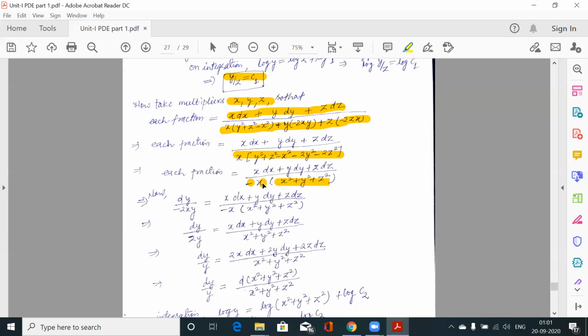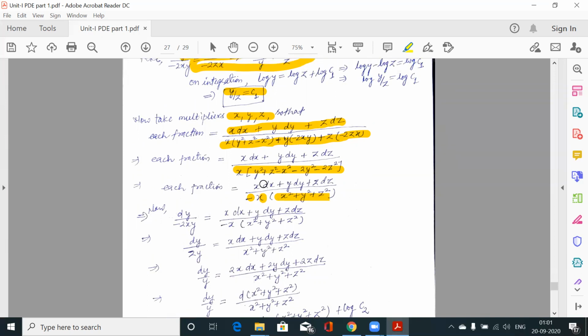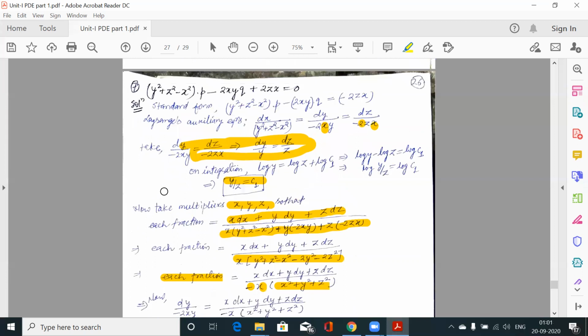The problem is this x. But we know this fraction is equal to each of the fractions in the auxiliary equation. And in the auxiliary equation, we have dy over 2xy. So if we take this fraction equal to this fraction, this x would be cancelled and we get dy over 2y.